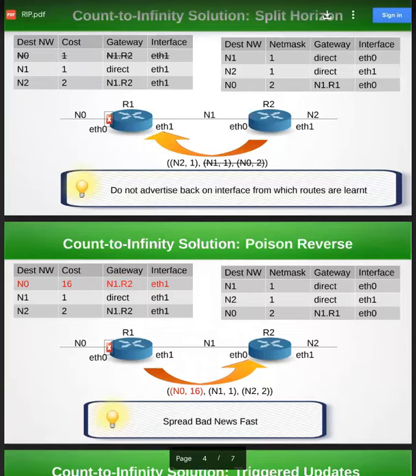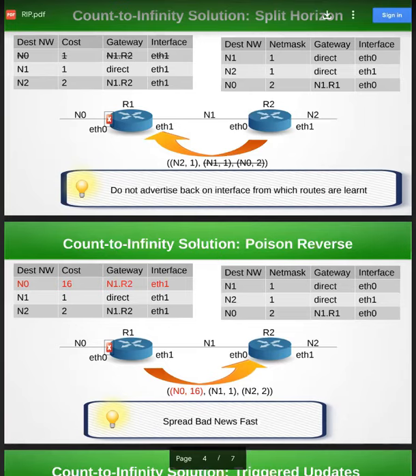So R2 has to update it because the same neighbor is advertising the same network with a different cost, right? Earlier, when you removed the entry, what would R1 do? It would only advertise N1 and N2. Now N0 would not be updated nor refreshed. Refreshing means you basically reset the timer. Every entry when you add, you start a timer.